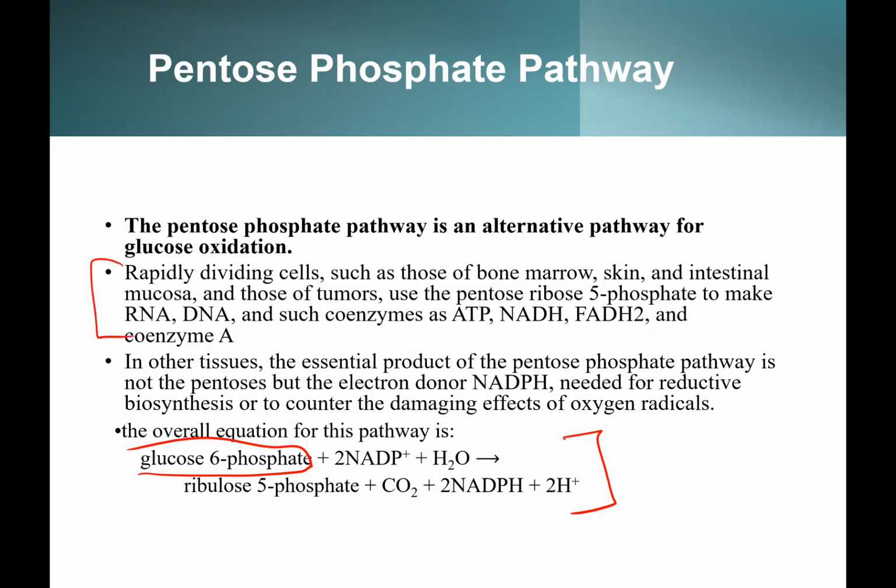Well, rapidly dividing cells need certain compounds, right? Bone marrow, skin, intestinal mucosa are all rapidly dividing, and unfortunately also those of tumors. So all of these rapidly dividing cells need the pentose ribose 5-phosphate to make not only RNA and DNA, but things like our friends ATP, NADH, FADH2, and coenzyme A, all super important, right?